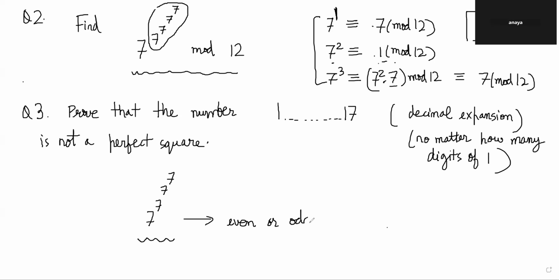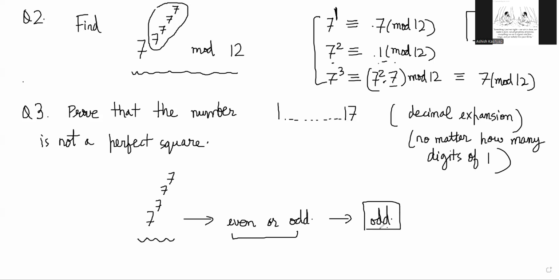No matter how many numbers are there, it is just repeated multiplication of sevens, nothing else can come, so it's just going to be odd. So it is obviously odd, right? And if it is odd, what is going to be the mod 12? It is going to be 7 to the 7 mod 12. The answer is 7 here.